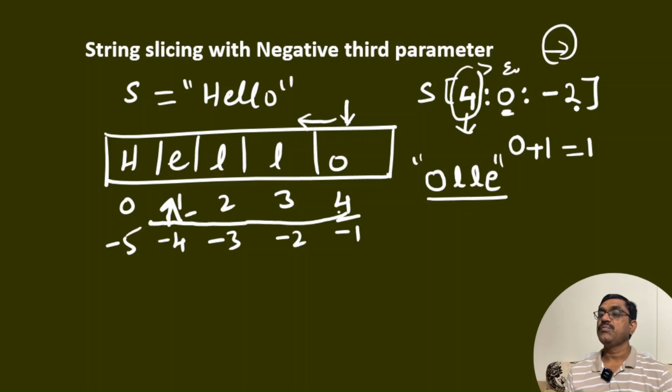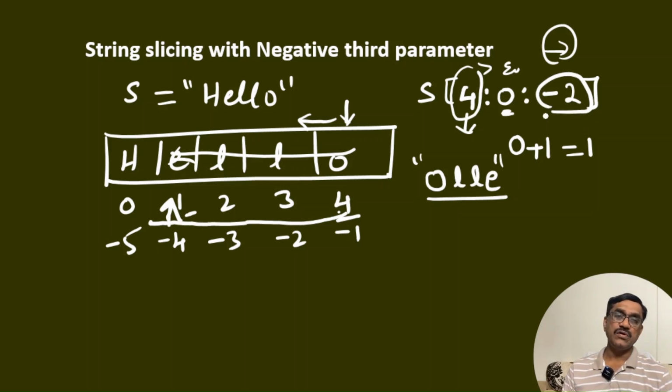But when you apply -2, what happens? That we will see. We are starting from 4 and end index is 0. That means +1, not -1. It is +1. That means you go up to E from OLLE. This we are going to access, right? But the step value here is -2. What do you mean by the -2?